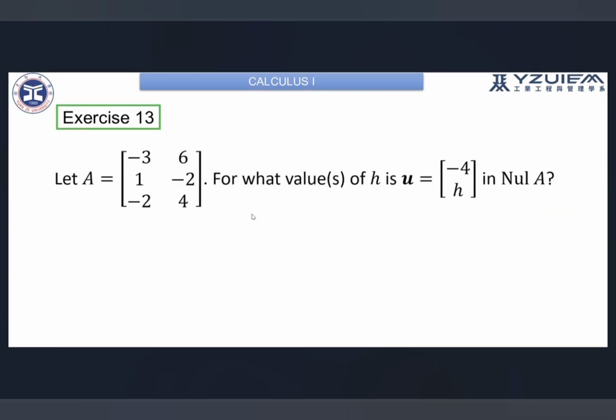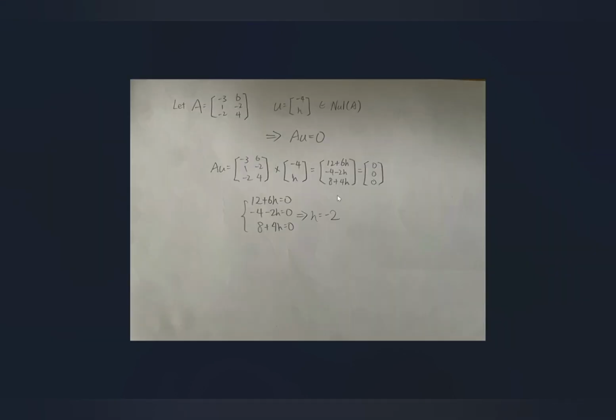And here's exercise 13. We have matrix A, and we have to find the value of h in vector u. Vector u belongs to Nul A, so A times u should be 0.